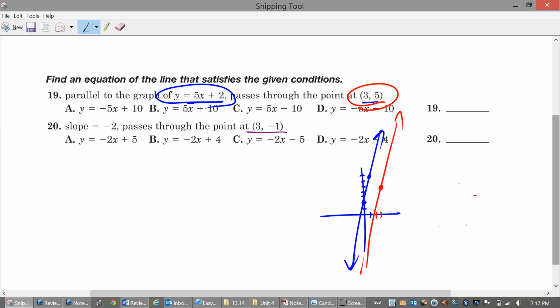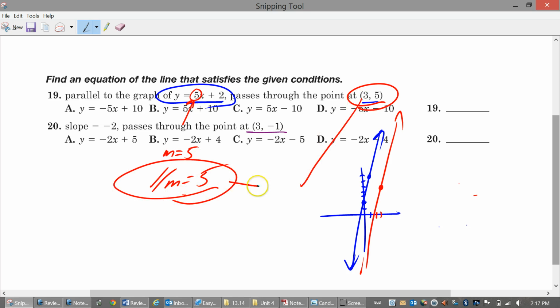That can help us determine the slope of the parallel line, which is the same slope. Does that make sense? So then we just look at this equation for its slope. We're saying that that slope is 5, and a slope parallel to it is also 5. So we're using it just to find its slope, and we take these two things, and we can write the equation of the line through that.